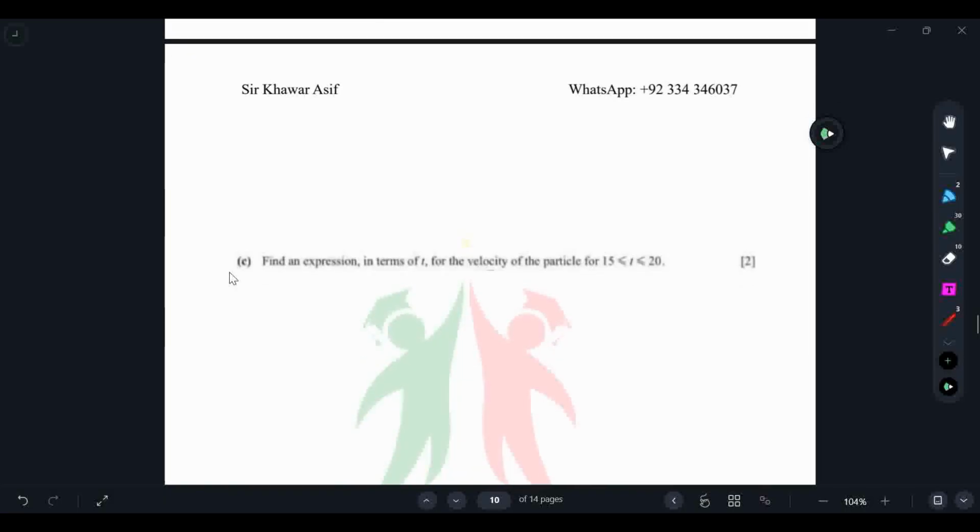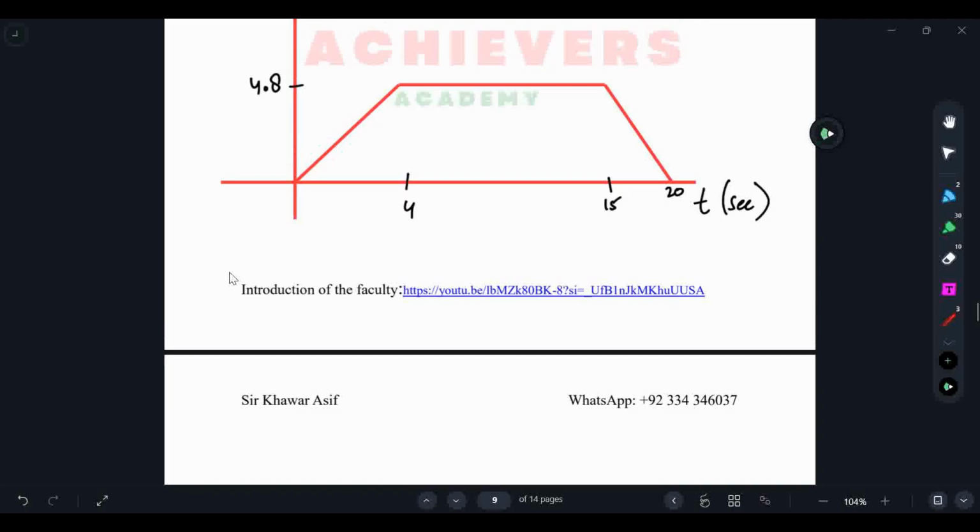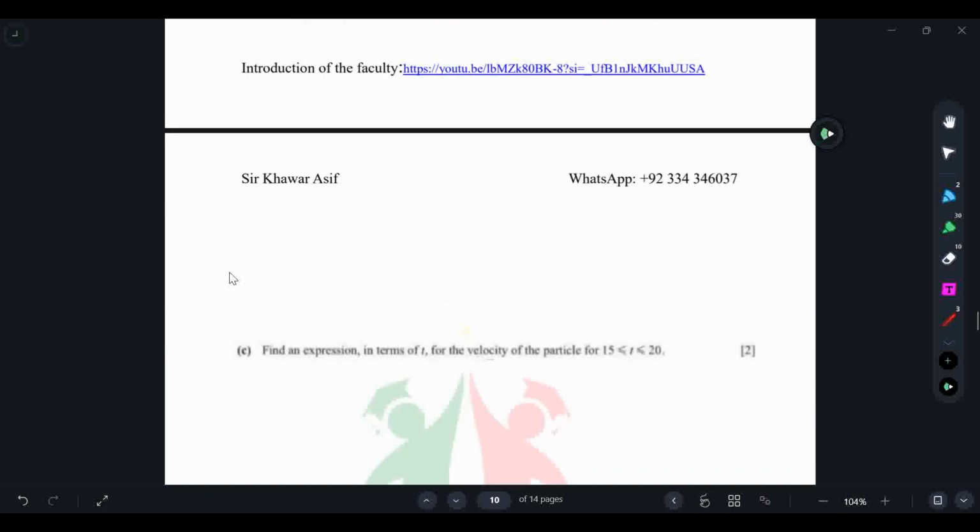Now we know that in the last part, from 15 to 20 seconds, the initial velocity u will be 4.8, and the final velocity will be 0. Then time is 5 seconds, and we need to find the acceleration. We don't know the acceleration. How can we find it?